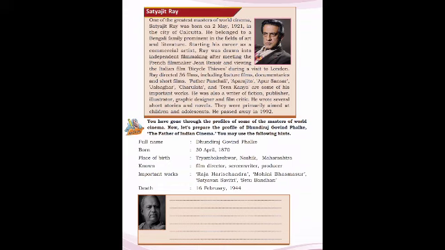Children, we have gone through the profiles of some of the masters of the cinema world. Now, let us prepare the profile of Dhundiraj Govind Phalke, the father of Indian cinema. We can make the profile by using the given hints. His full name, Dhundiraj Govind Phalke, born 30 April 1870.